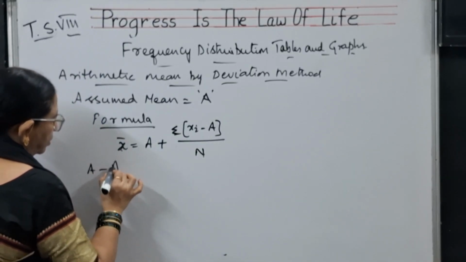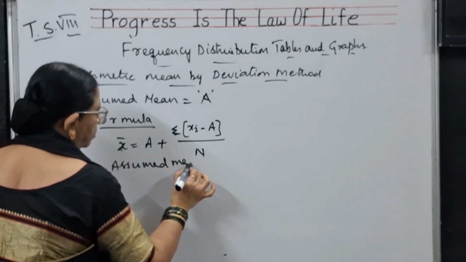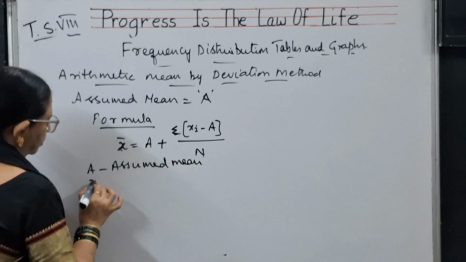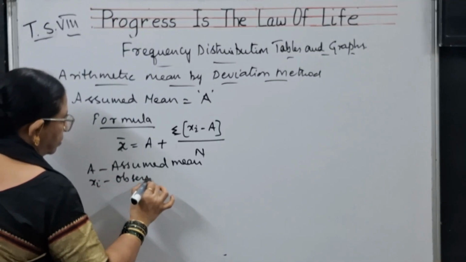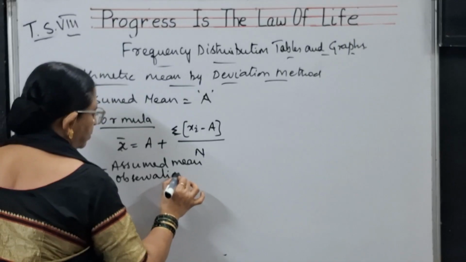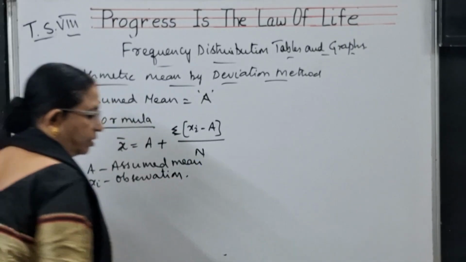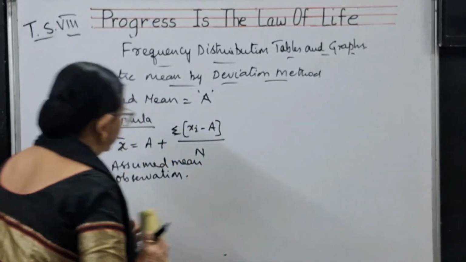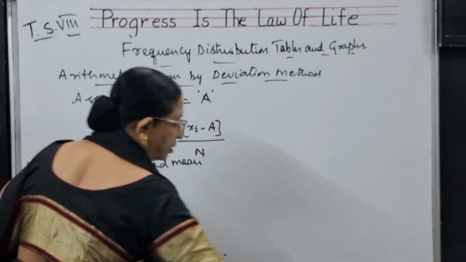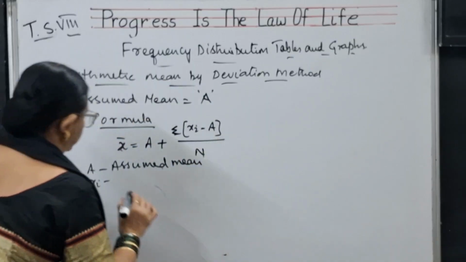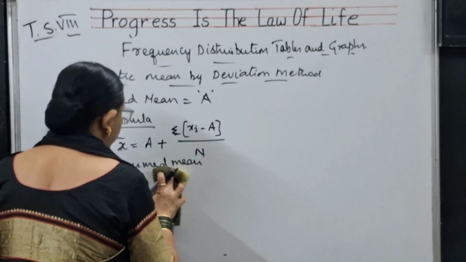A means assumed mean, xi means individual observation. Every observation taken into consideration.